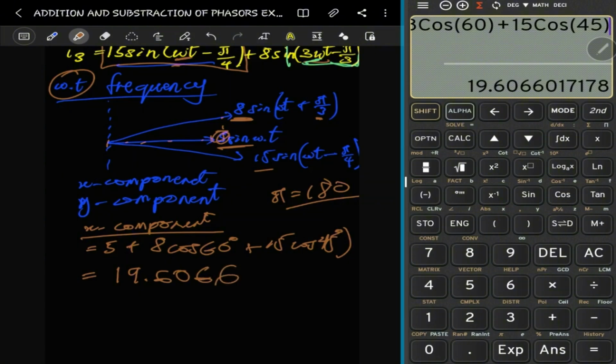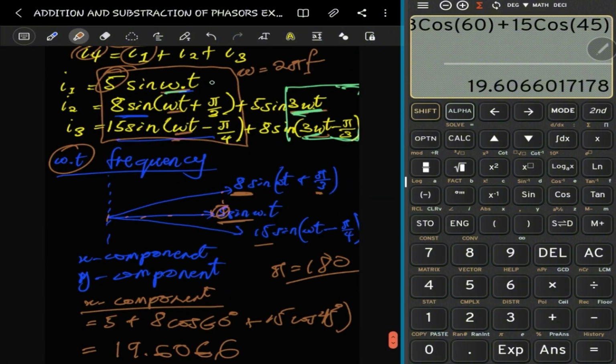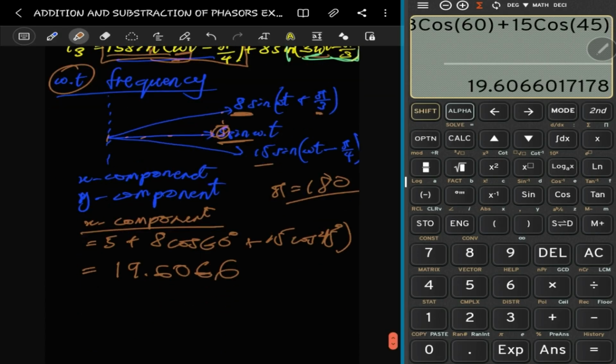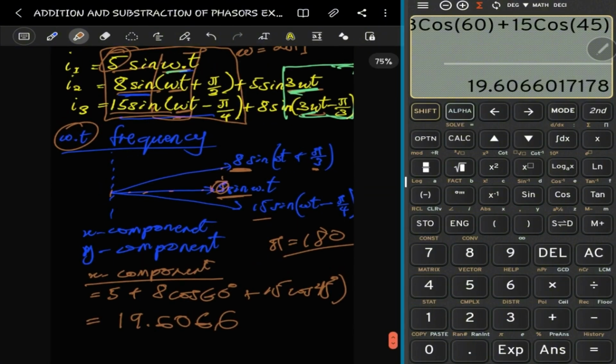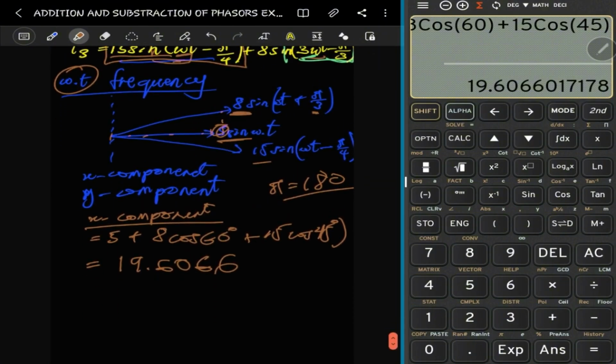And now we are looking for the y component for these ones. At the moment we are still adding these ones, because they have the same frequency. So basically, in the end, we end up getting something that looks like a summation of the different ones.